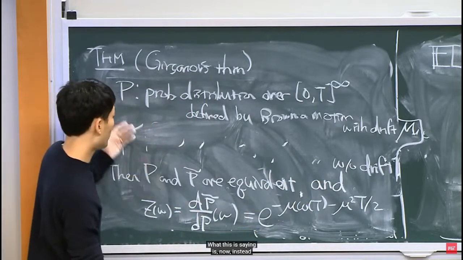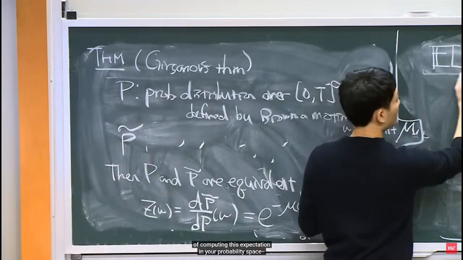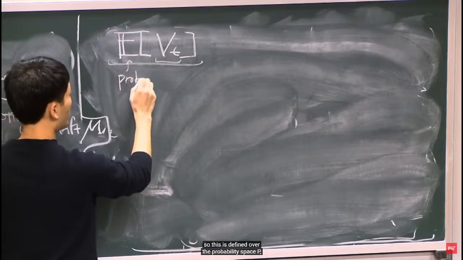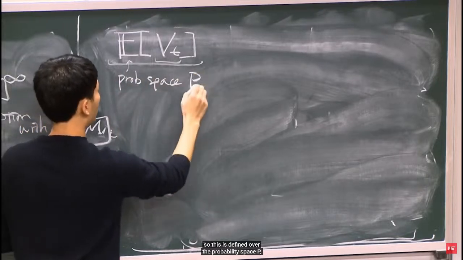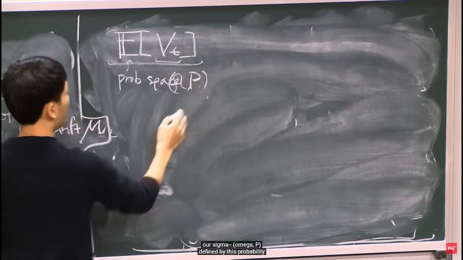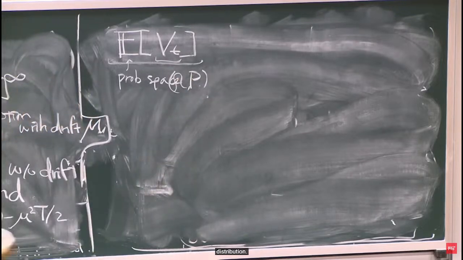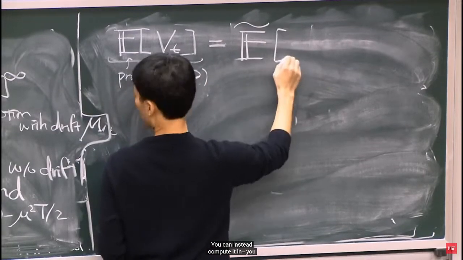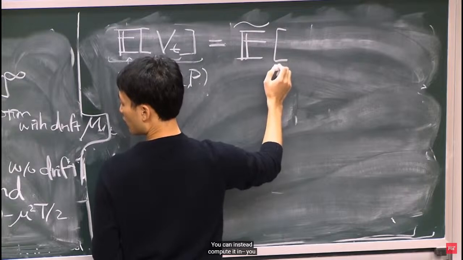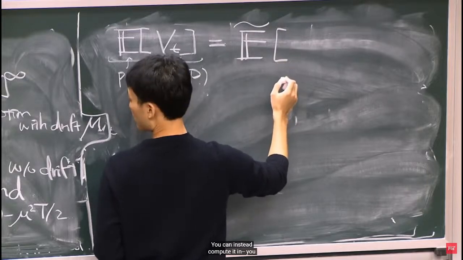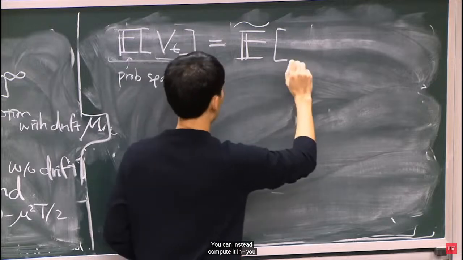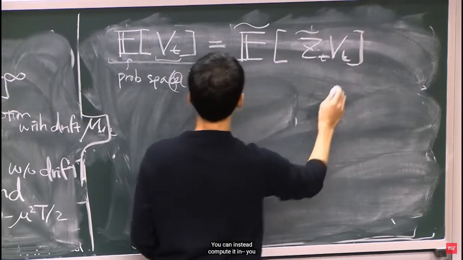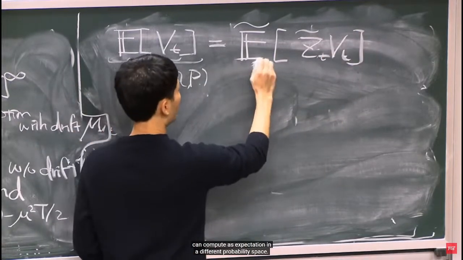What this is saying is that now, instead of computing this expectation in your probability space, defined over the probability space P by this probability distribution, you can instead compute it as an expectation in a different probability space.